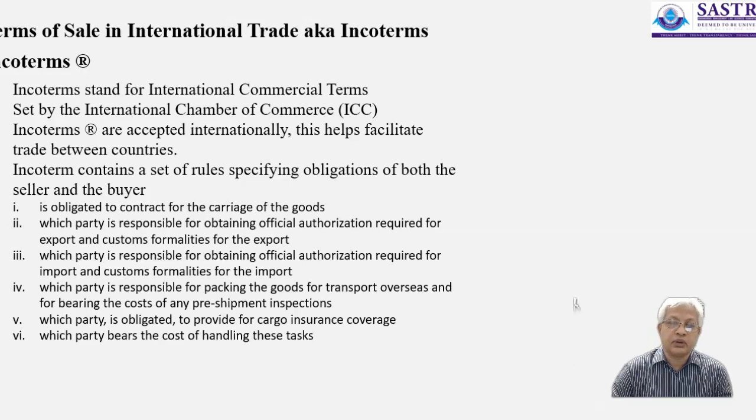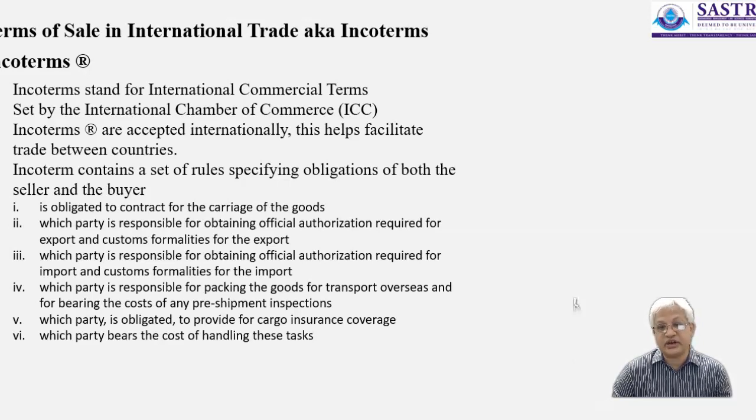Now we'll be looking at another important element in international logistics, which is very much related to international logistics, which is known as terms of sale. The terms of sale is designated with what we call Incoterms, or in other words, it's an acronym for International Commercial Terms. It was developed by the International Chamber of Commerce.